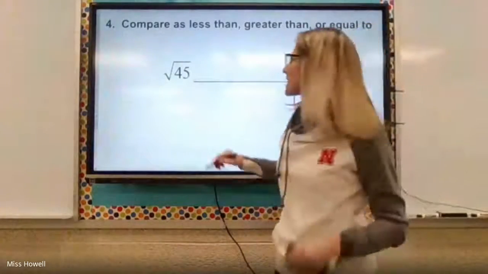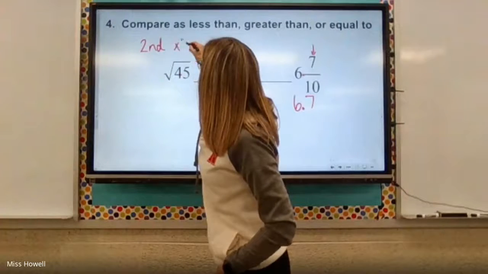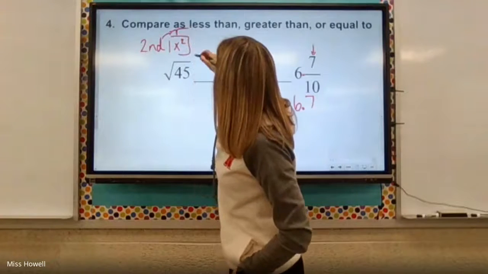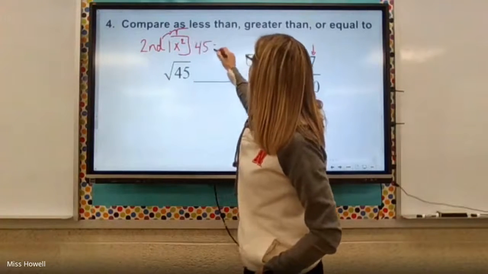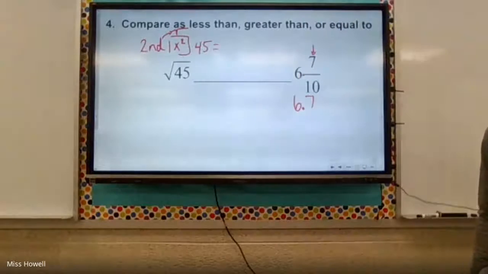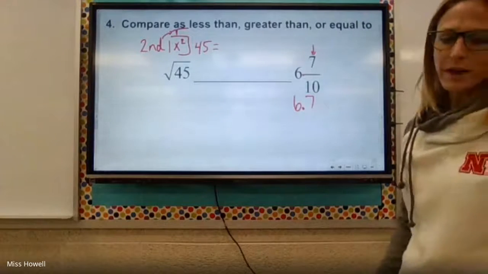All right, so second button, your x squared button, which gets you to this guy up here, which is your square root, and then 45, enter, will give you the approximate value of the square root of 45. So our approximate value is 6.708203932.